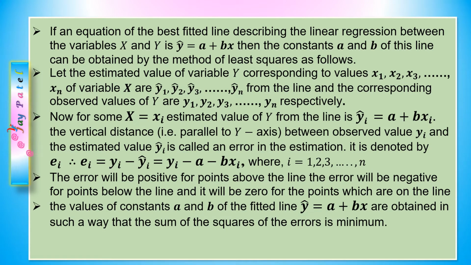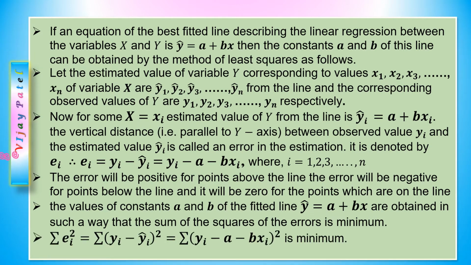The values of constants a and b of the fitted line y cap is equal to a plus bx are obtained in such a way that the sum of the squares of the errors is minimum.